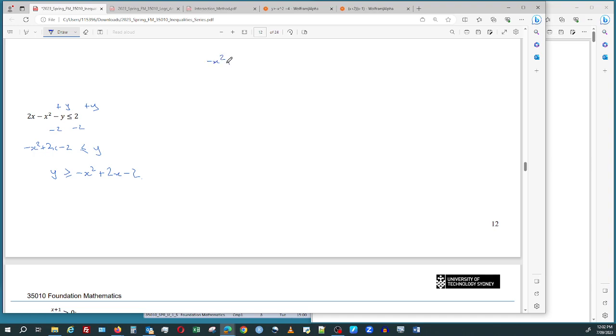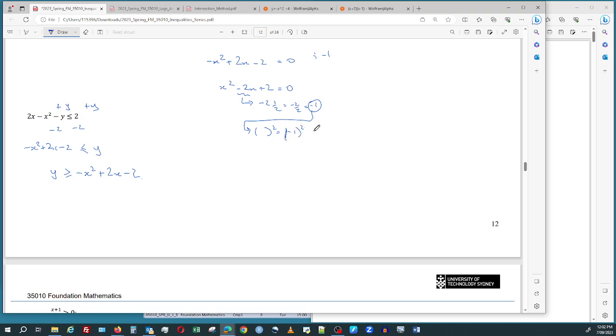So if we complete the square, minus x squared plus 2x minus 2 is equal to 0. I'm going to divide by minus 1. So I'll get x squared minus 2x plus 2 is equal to 0. I take the coefficient, minus 2, and halve it, and put a circle around it. The scaffolding is square it.